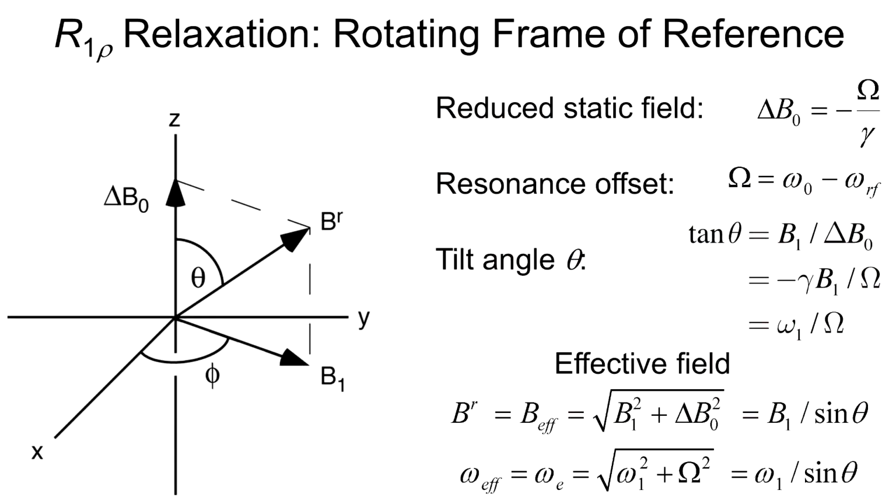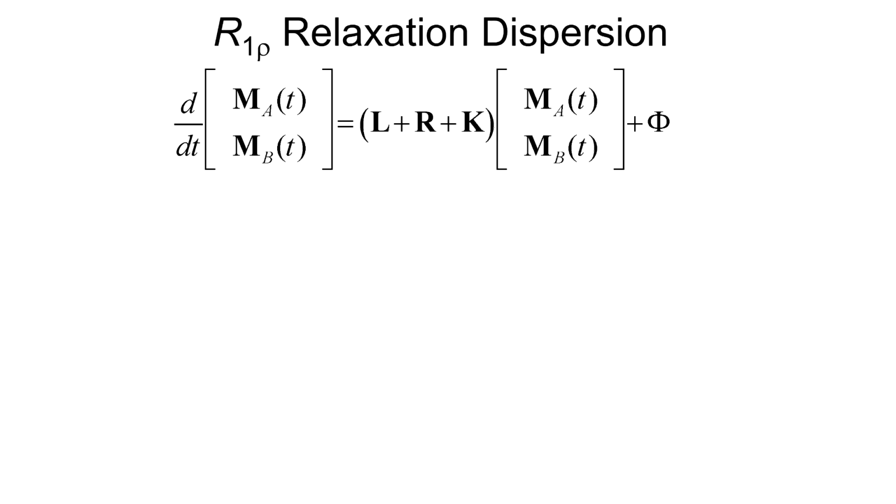So just to remind us, R1 rho relaxation means relaxation of magnetization that's locked along the direction of the effective field, and we have parameters for the effective field omega e, the tilt angle, etc. Now we can write the same kind of differential equation in the spirit of the Bloch-McConnell equations.